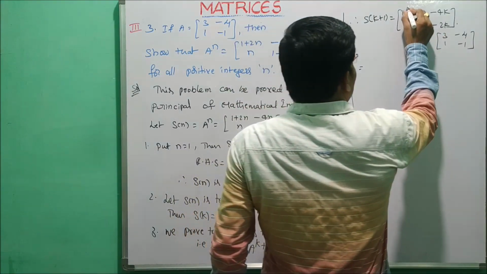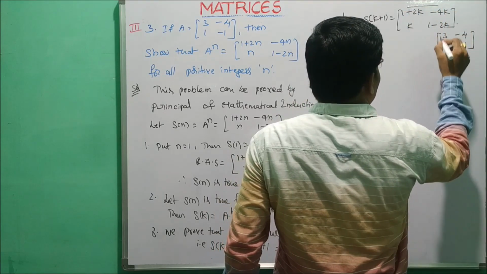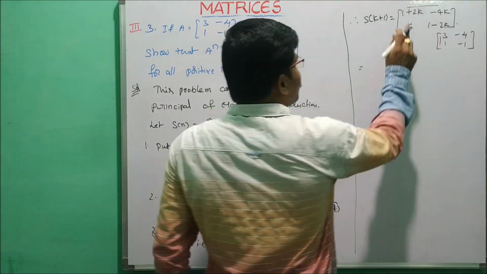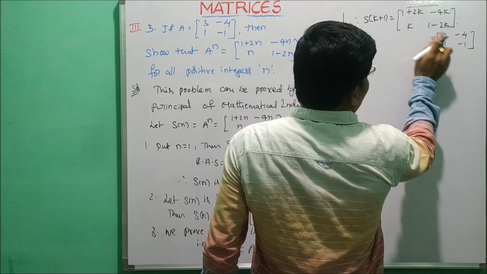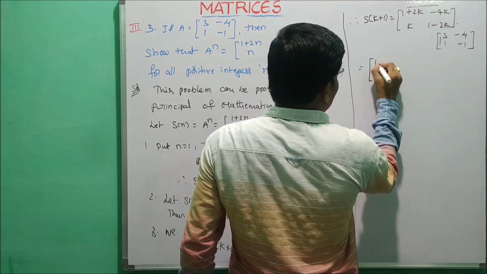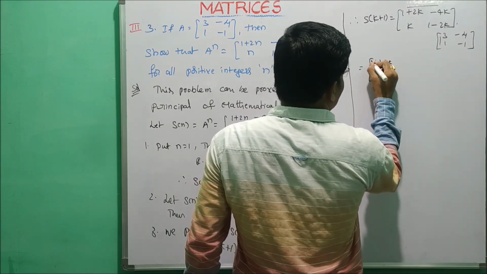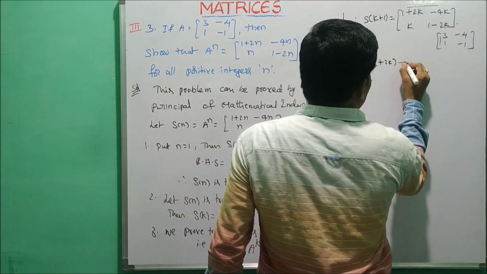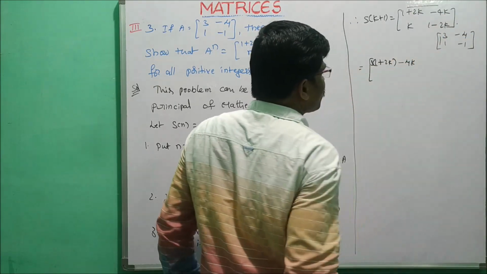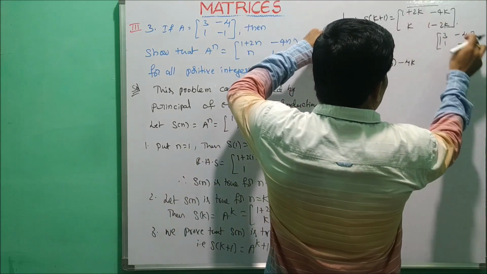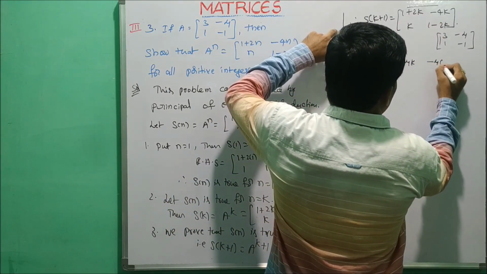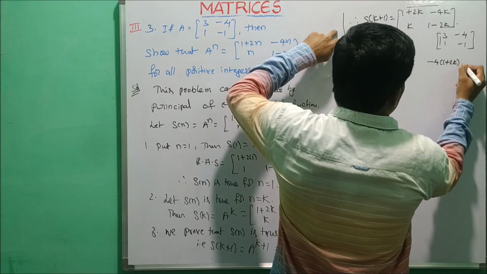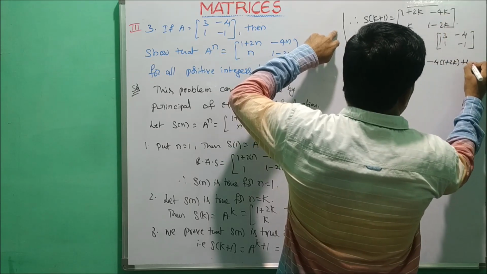In that, first we take the first row in the first matrix and the first column in the second matrix. So 3 into 1 plus 2k, minus 4k into 1, that is minus 4k. Similarly, we take 1 plus 2k into minus 4, so minus 4 into 1 plus 2k, plus 4k.